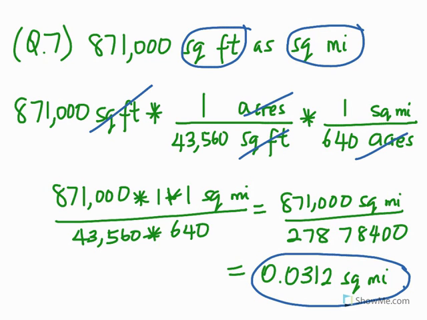I want to keep this video as short as possible, so I wouldn't have time to do that with proportions, but you can still do it. First, convert square feet to acres to get what 871,000 square feet is in acres, and then whatever it is in acres, you convert to square miles.